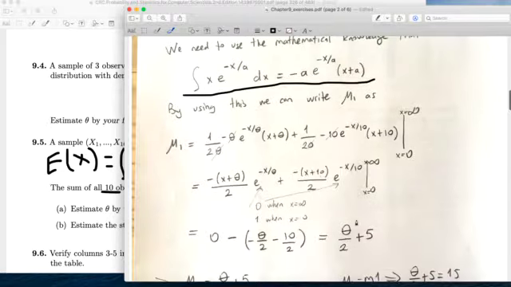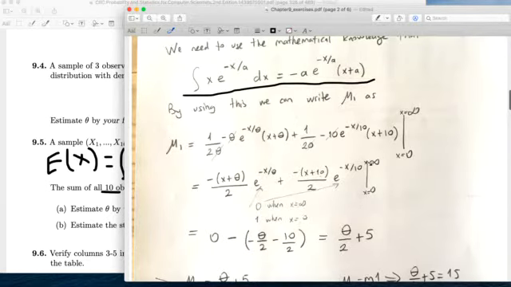So this is exactly what we do. For the first part, when x is equal to infinity, we get 0. Then minus, when we put 0 for x here, 0 plus theta over 2, which becomes minus theta over 2, and this part becomes minus 10 over 2, and we have a minus in front of this thing.